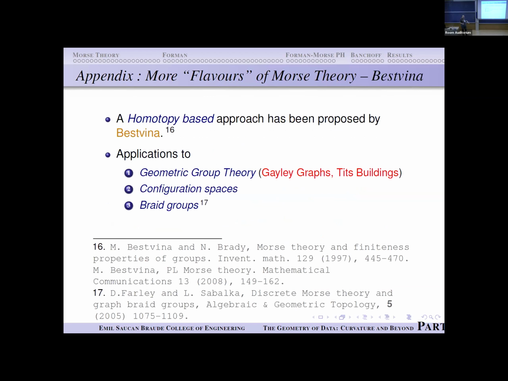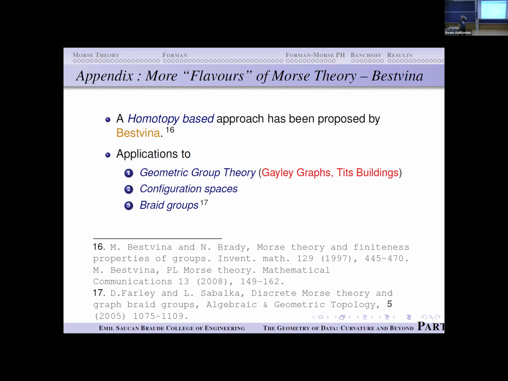There are other approaches, and there are some of them which, when I started preparing my talks, you won't believe it, but I started from this because Roberto wrote me, perhaps you'll do something like that. So I started reading, and it was kind of cool. I mean, as a mathematician, that's what I liked. There is a homotopy approach suggested by Mladen Bestvina, the name that I told you yesterday.